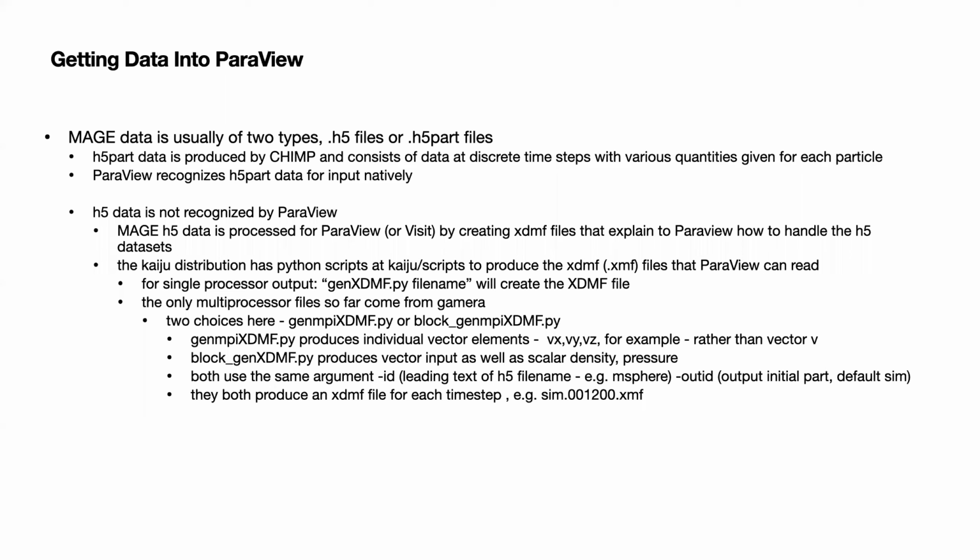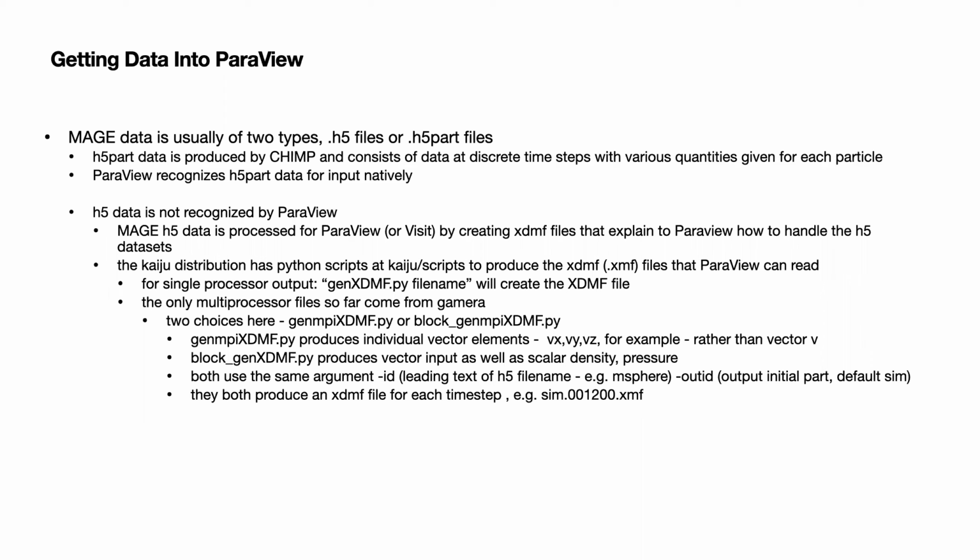The good news is that Paraview recognizes H5 part data without any problem. You don't have to do any extra processing to get it into Paraview. I'm not going to cover that today. It's really pretty simple. If anybody's interested, I have some scripts and saved states that people can play with.